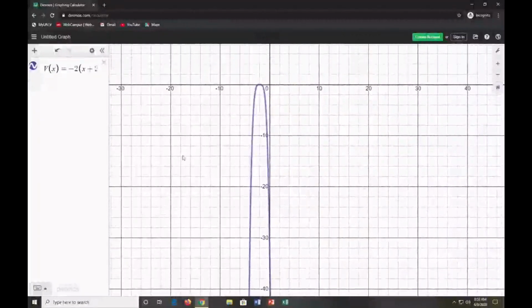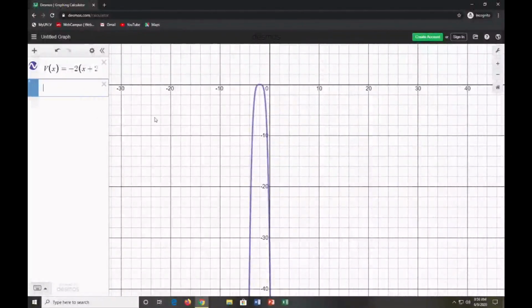So let's snap to all the points that we found, such as the vertex. Okay, so the vertex, and also the x-intercept, was at -2, 0, right there.